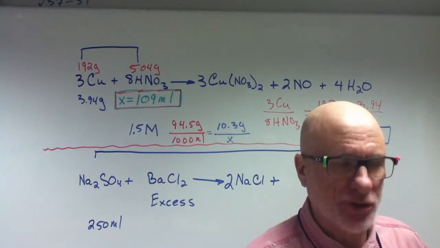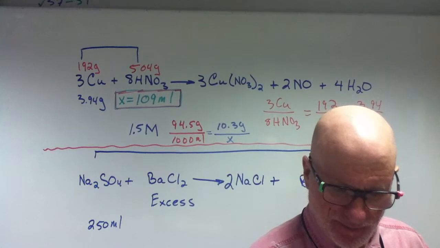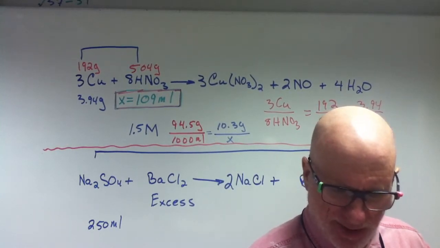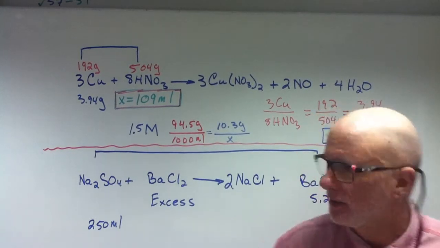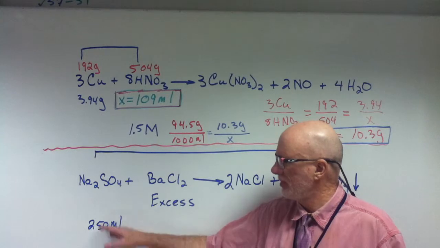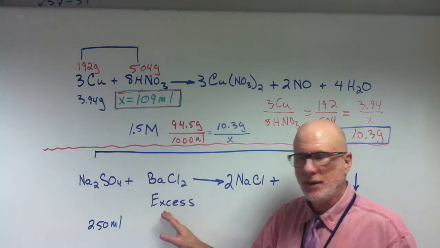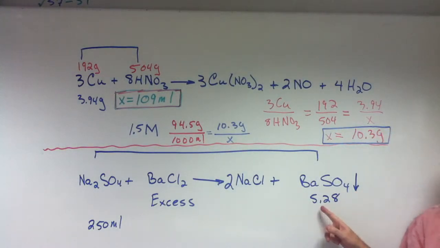If 5.28 grams of barium sulfate is precipitated, what is the molarity of the sodium sulfate solution? So I have 250 milliliters of this. I have excess barium chloride, and I'm going to produce, that upside down arrow means precipitate, 5.28 grams.